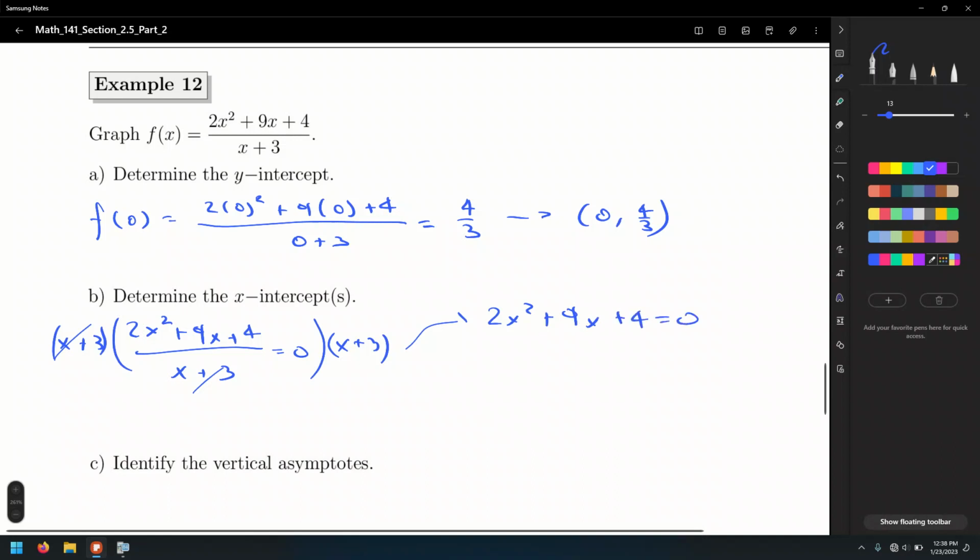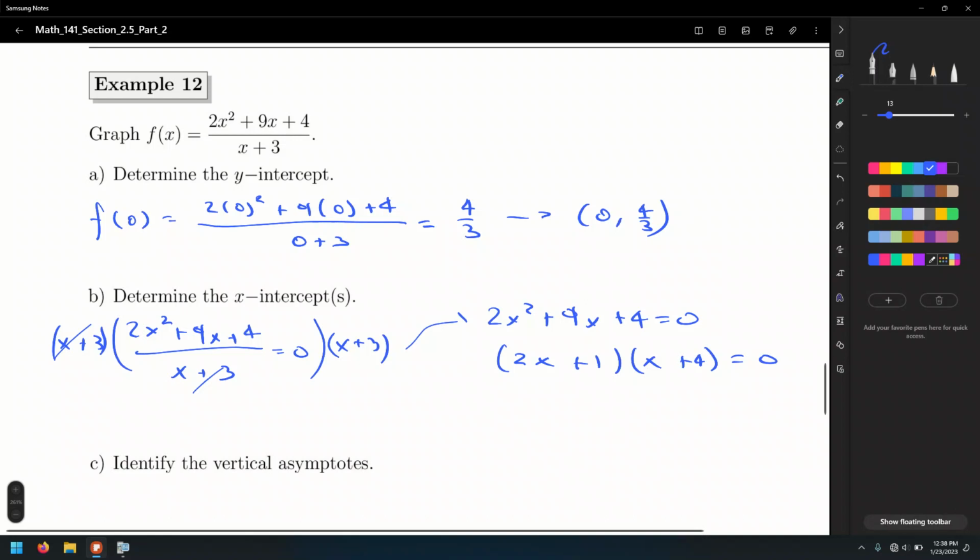Set that equal to 0. And again, we have a quadratic equation, for which we have a bunch of ways to solve: quadratic formula, factoring, completing the square, but I'm just going to do the factoring. That's 2x and x. And the result for this is going to be 2x plus 1 and x plus 4.